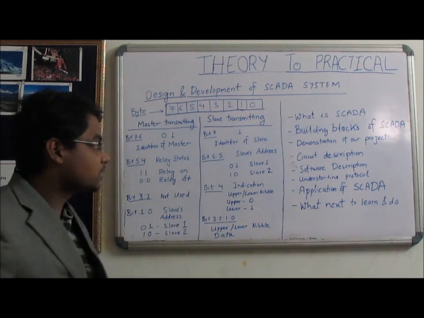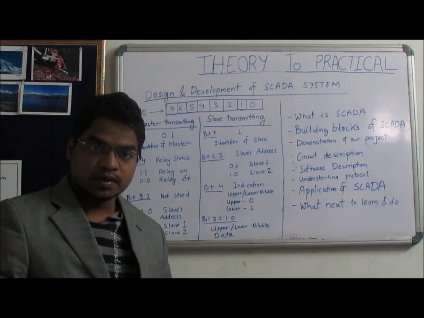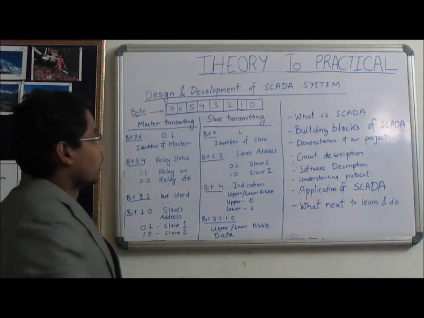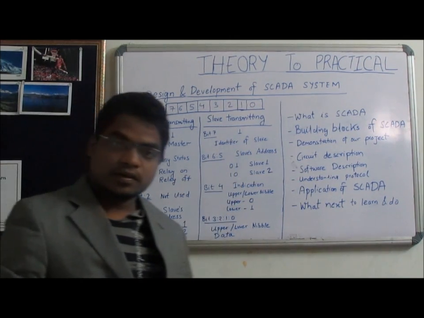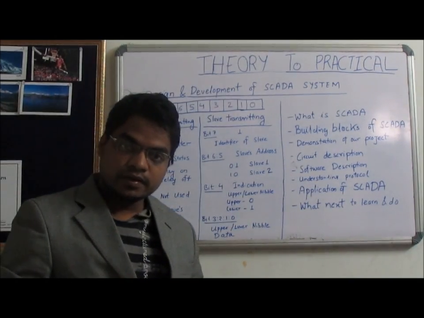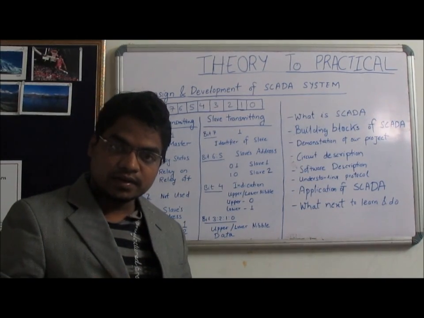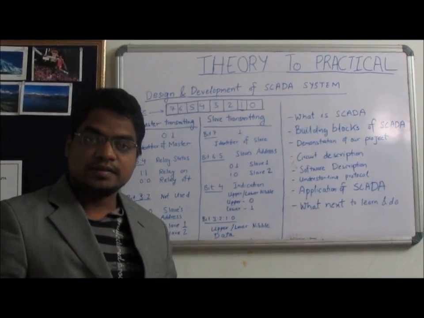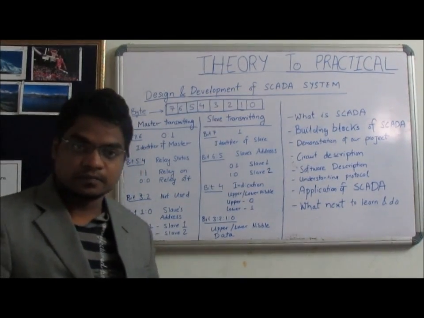Bit 7 is the identifier of slave and it should be set to 1. If slave sets here 1 and due to some external noise this data is corrupted, and master is getting 0 at bit 7, then it will understand that this data is corrupted and I should discard this data.